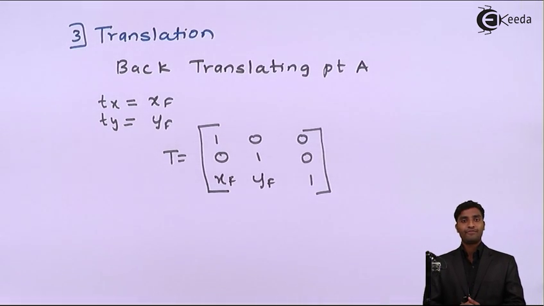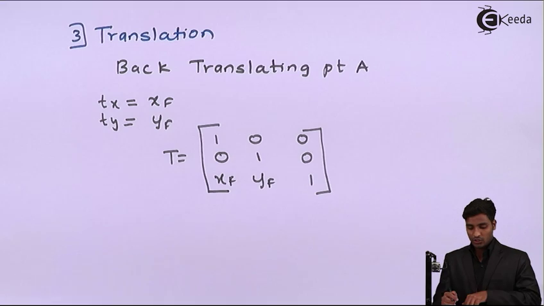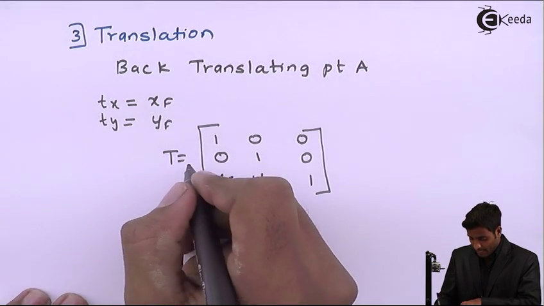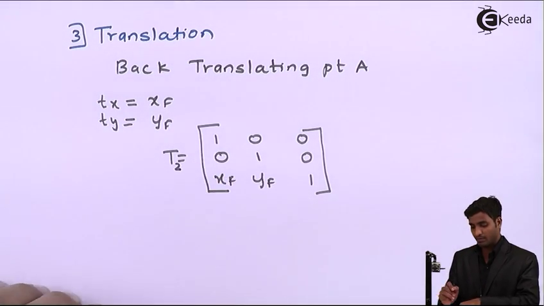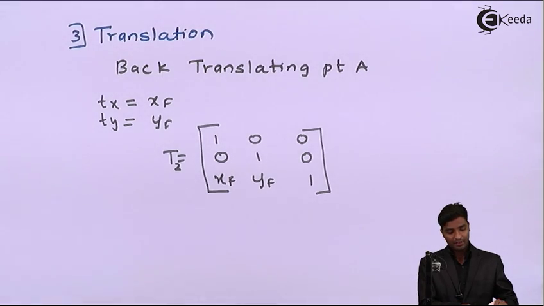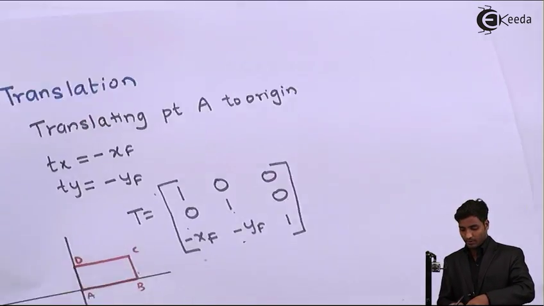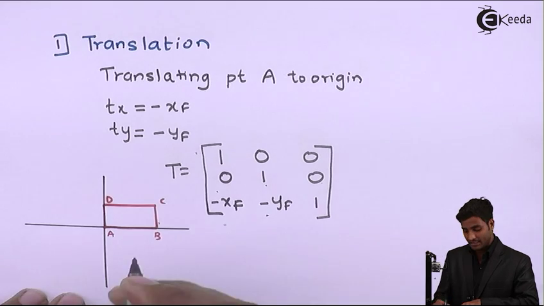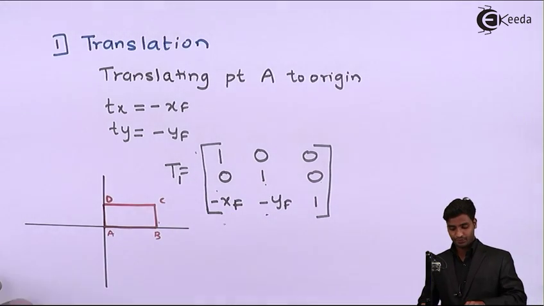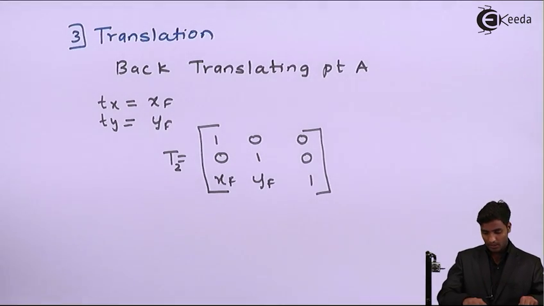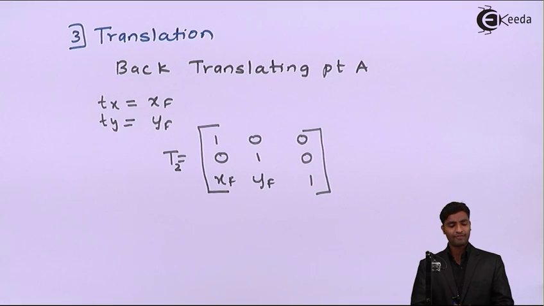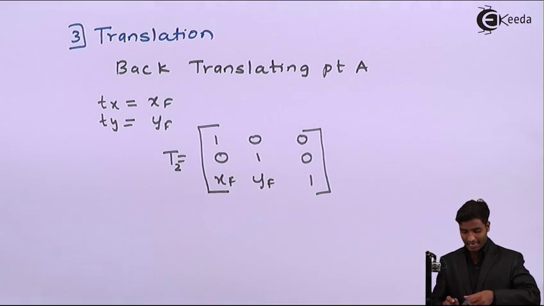Since in this problem we have done translation twice, I will name this T2, and the first translation I will name T1. After back translating, the figure will appear as shown.